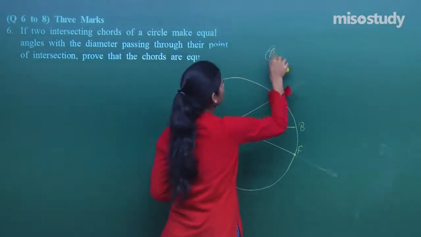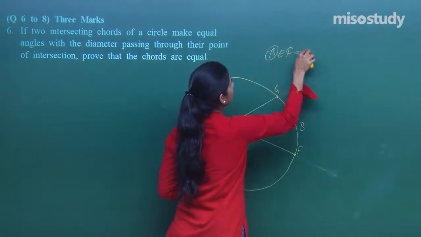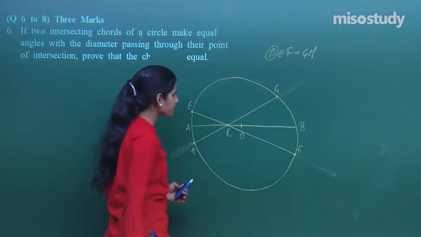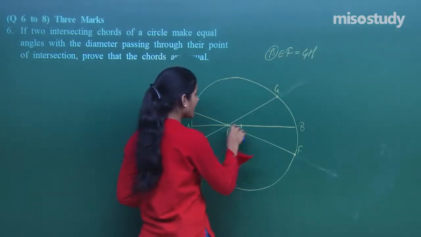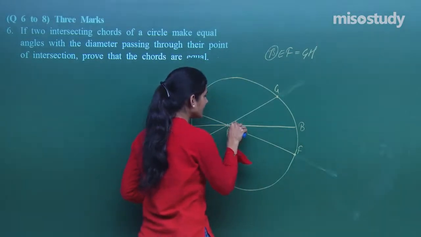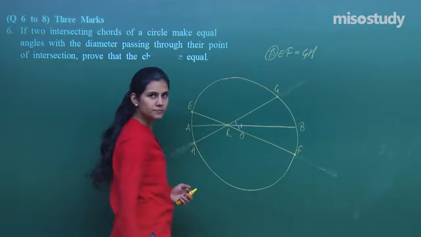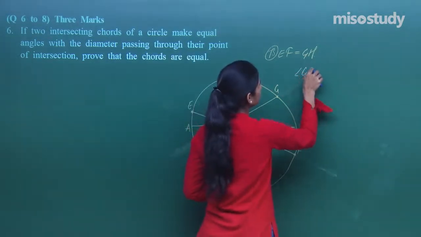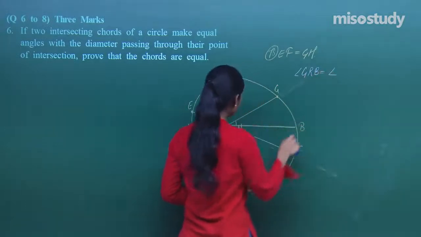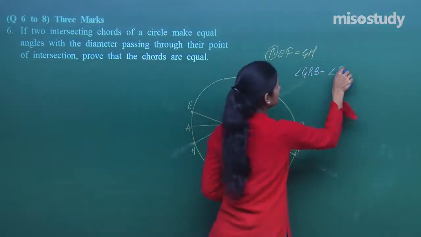So I have to show EF is same as GH. It is saying that these two chords are making equal angles with the diameter. So this angle is same as this angle. So angle GRB is same as angle FRB.